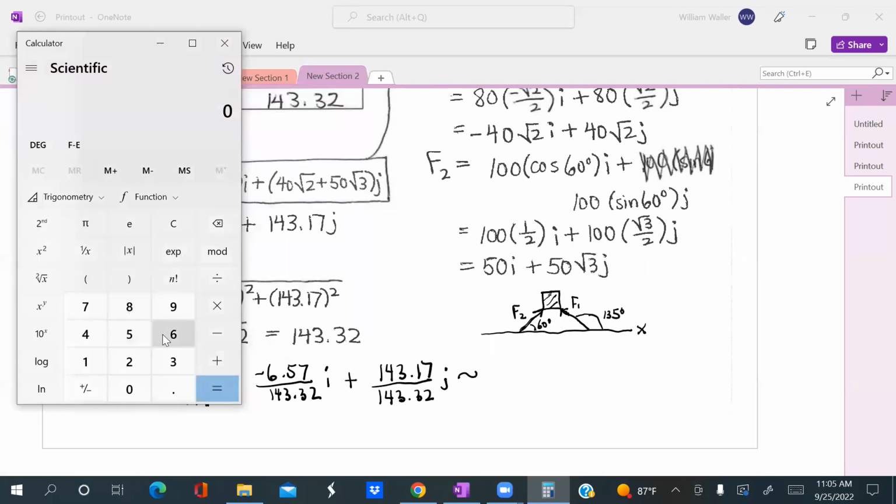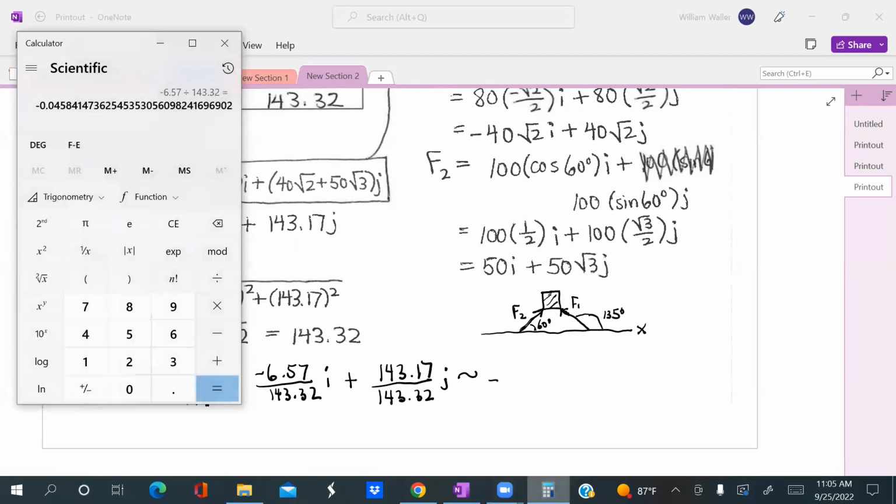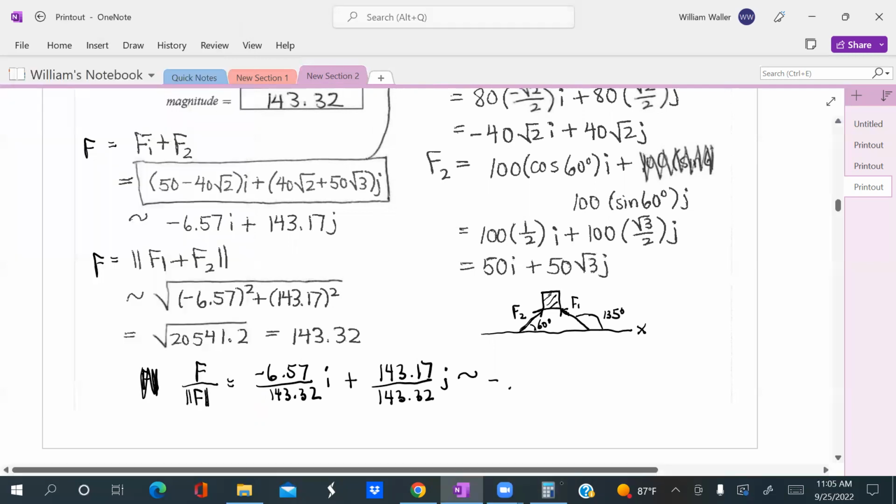So we get 6.57, change the sign, divide that by 143.32. That gives me about minus 0.046, minus 0.046 times i.